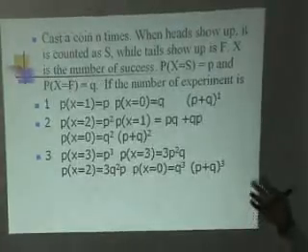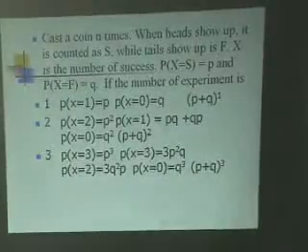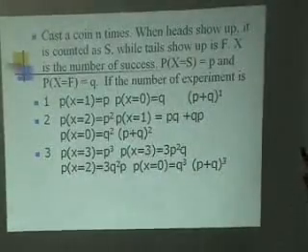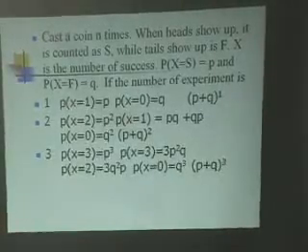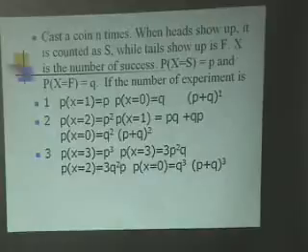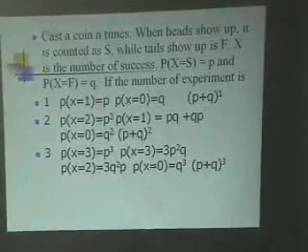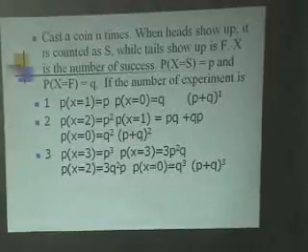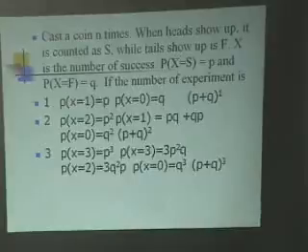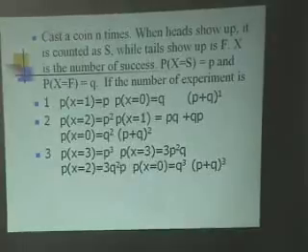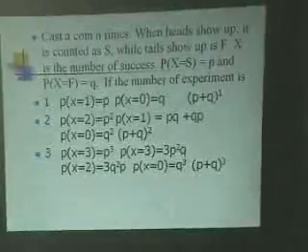Because you only have success or failure, you only have two outcomes. So P plus Q must be equal to 1.